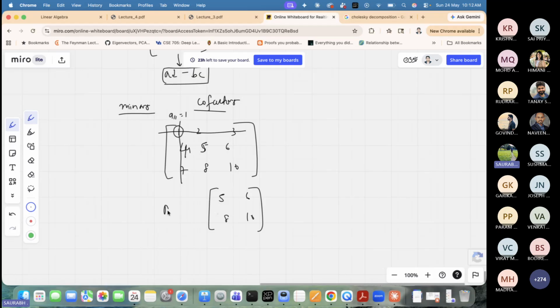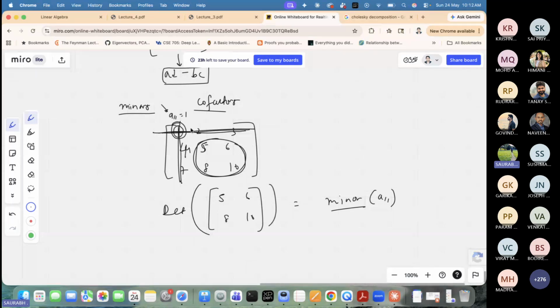The determinant of this matrix is called the minor of A11. So the minor is basically the determinant of the submatrix that you get by eliminating the row and column at the position where you are calculating the minor. Then you find the submatrix and then the determinant.